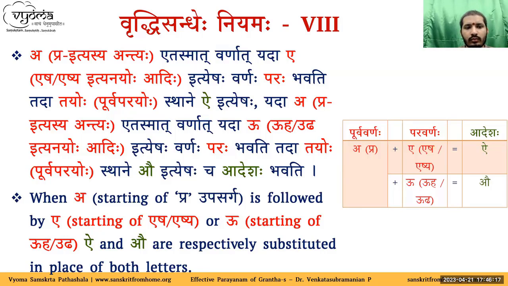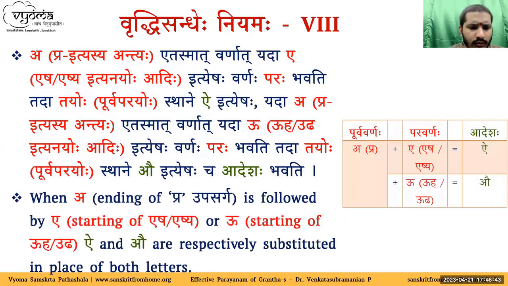If the purvavarna is akara, which is the ending of the pra upasarga, and if it is followed by ekara, which is the starting of esha, sorry, this is not starting, ending. When a is present in the purvarna, which is the ending letter of pra upasarga. In the class before, we saw what an upasarga is. Upasarga is nothing but the prefix which is joined to a verb. Pratyaya is suffix, upasarga is prefix.